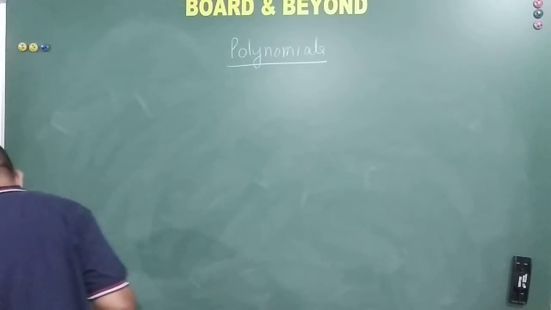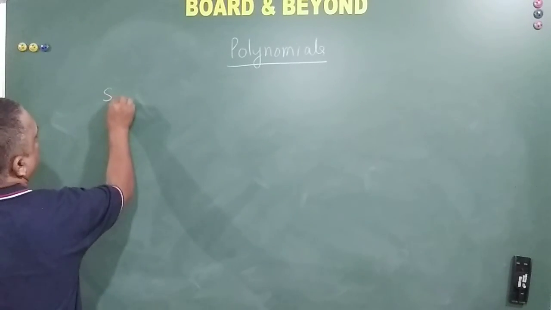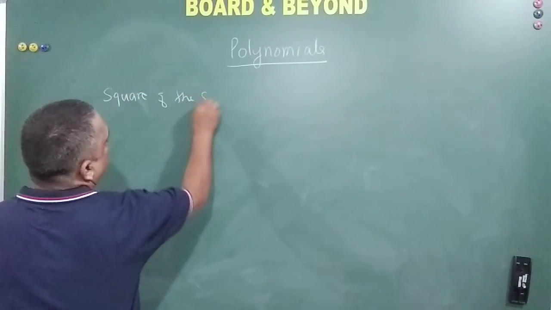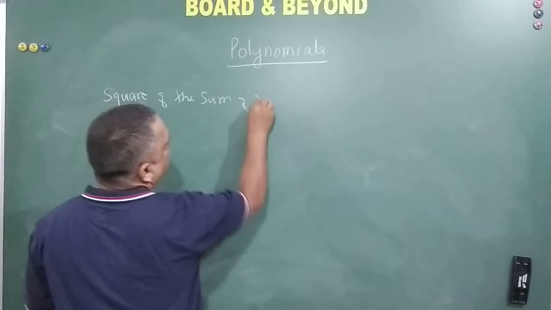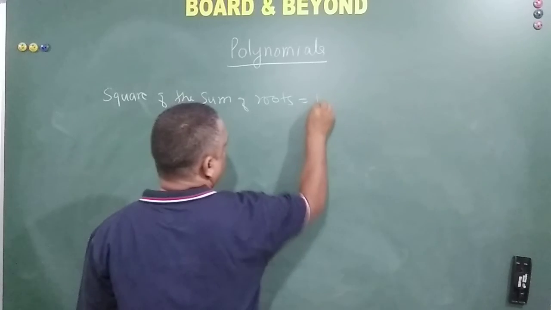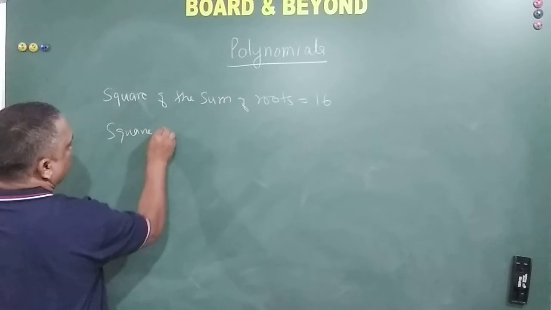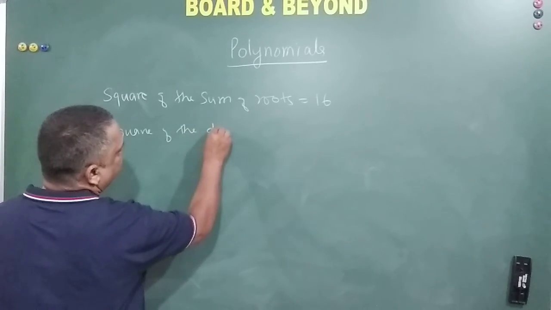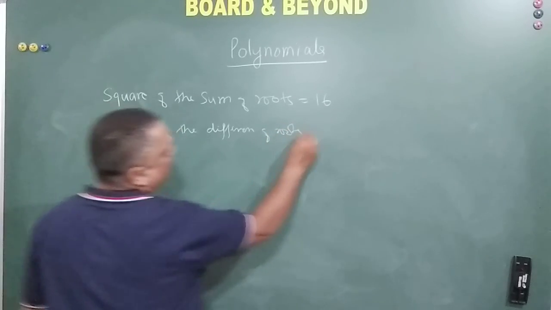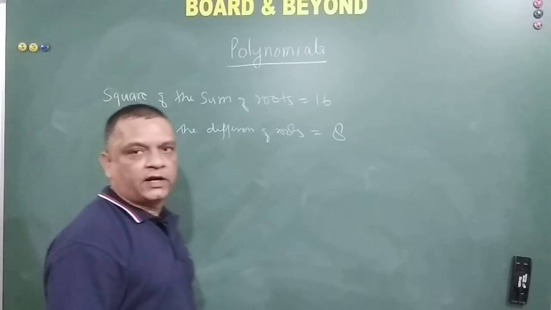Find a quadratic polynomial having square of the sum of roots equal to 16, and square of the difference of roots equal to 8. You need to formulate the quadratic equation.